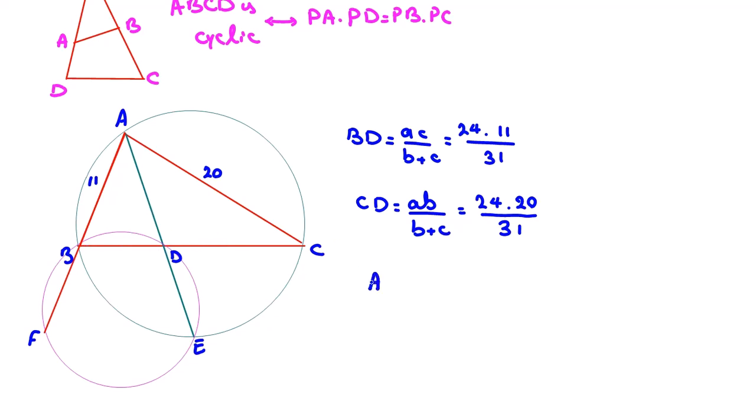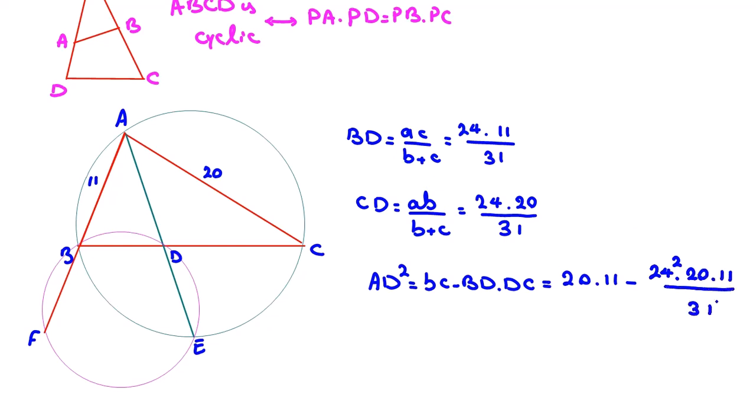AD is what? We know AD squared is BC minus BD times DC. I told you the formula of this. BC is 20 times 11 minus BD times CD, which will be 24 squared times 20 times 11 over 31 squared.